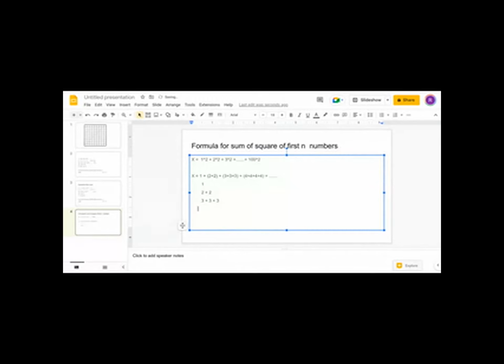And then 4 plus 4 plus 4. I'm just writing it in vertical order like this. And then eventually I'll have 100 plus 100 plus 100 like this, 100 times.